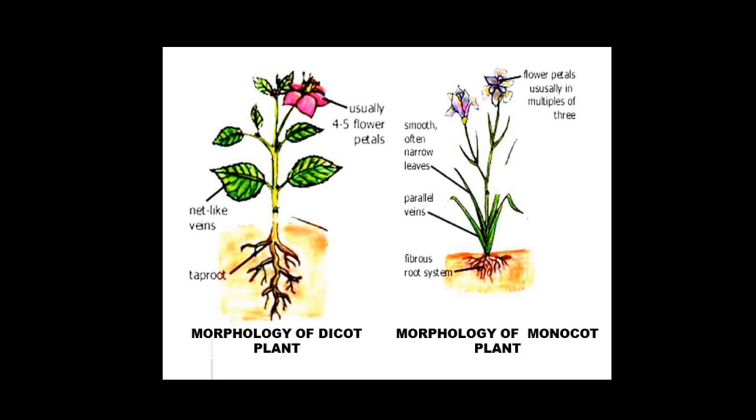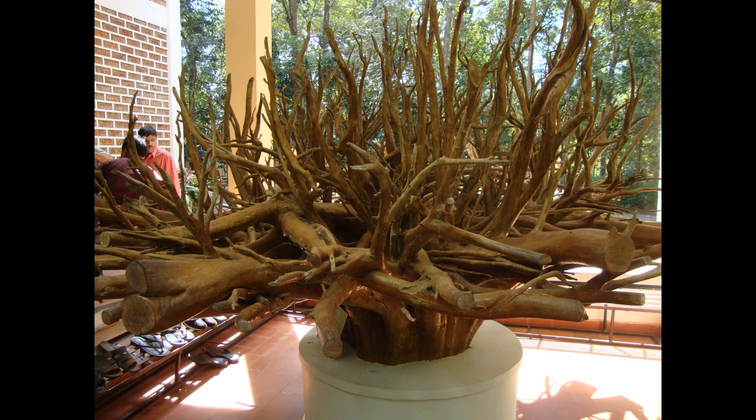Here in most of the monocots we cannot differentiate sepals and the colored part, that is petals, hence we usually call them as tepals. Okay. This is about the importance and what is morphology. In the next video we can study about the morphology of roots. Thank you.